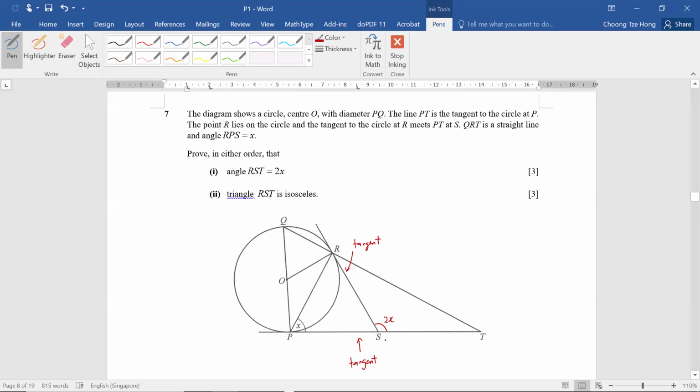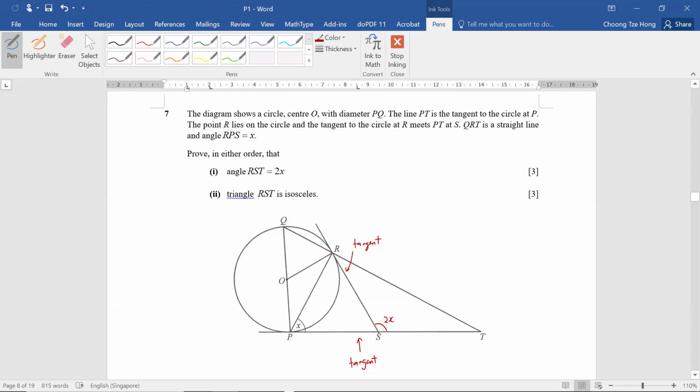Since these two lines are tangents and they meet at the point S, you have to think about what properties related to tangents we know of. One property you may recall is tangents from an external point. S is a point outside the circle, that's why S is an external point.